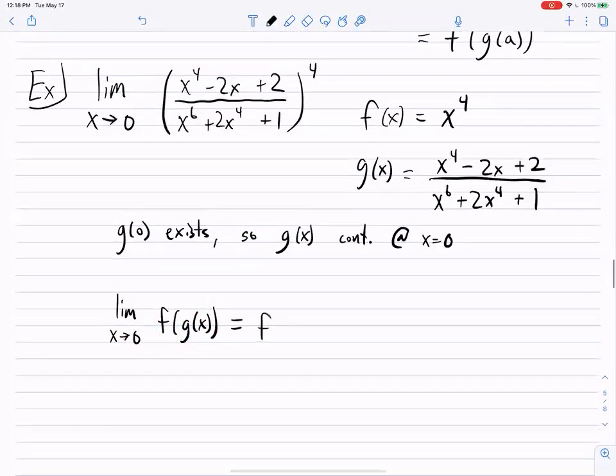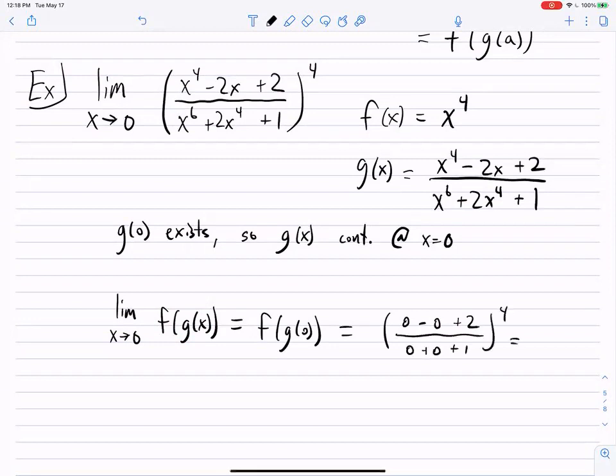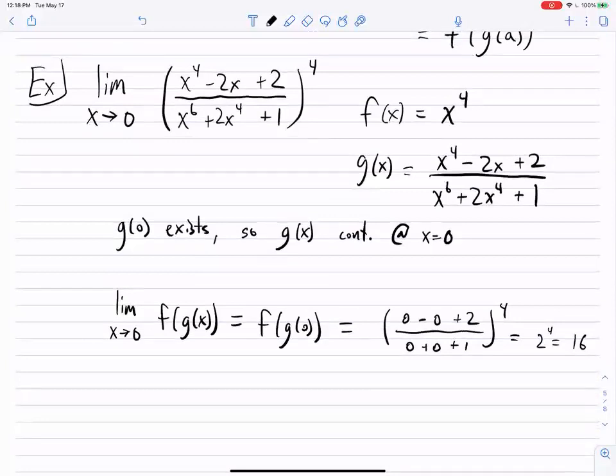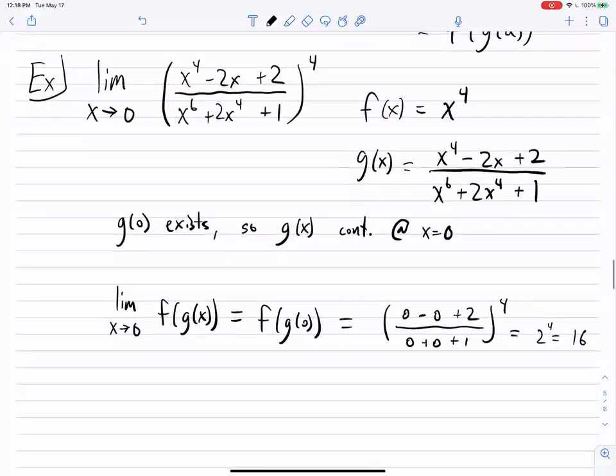So it's just equal to f of g of 0, which is, if you plug in 0, 0 minus 0 plus 2 over 0 plus 0 plus 1, to the 4th. And so that's going to be 2 to the 4th, which is 16. And so the limit as x goes to 0 of this function is just the function value, and it's 16.